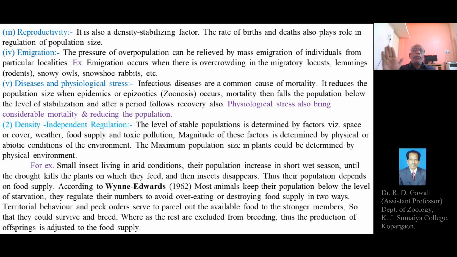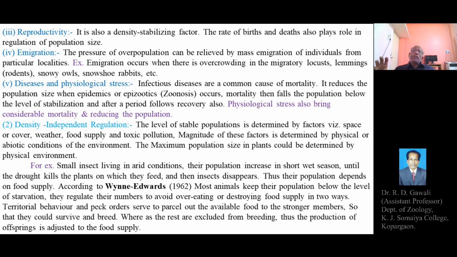Then physiological stress also brings considerable mortality and reduces the population. The reasons for the physiological stress might be certain diseases caused by infections, or some adverse physiological conditions in the respective organism.